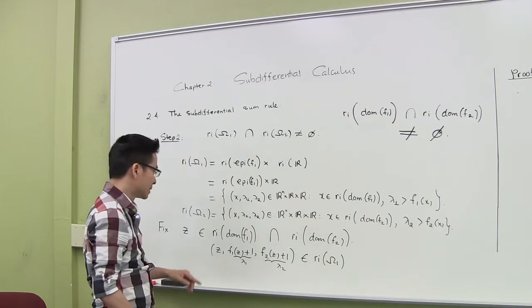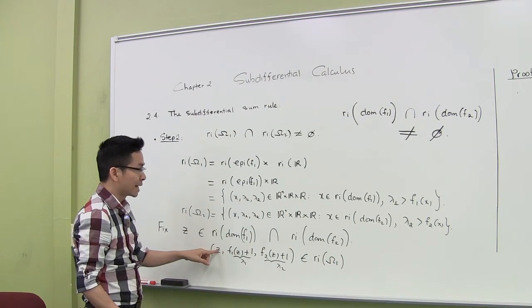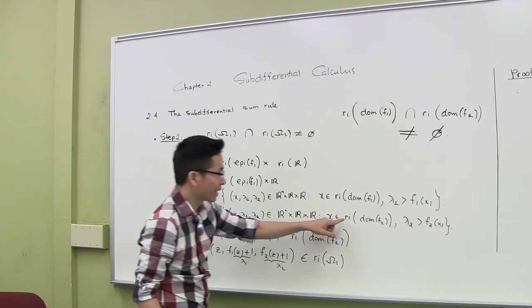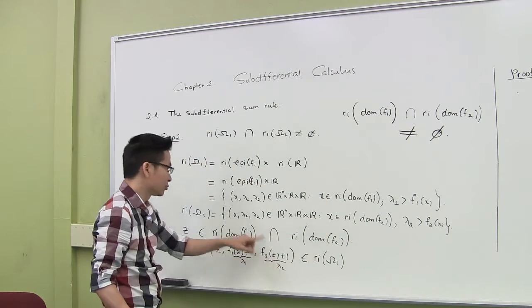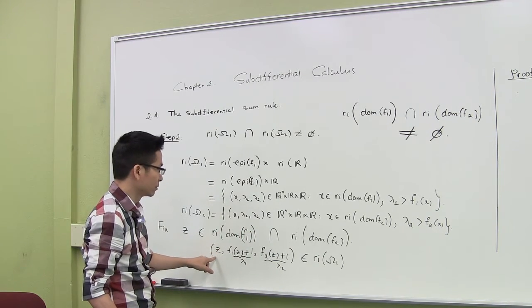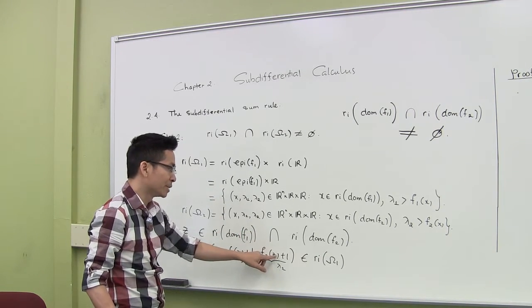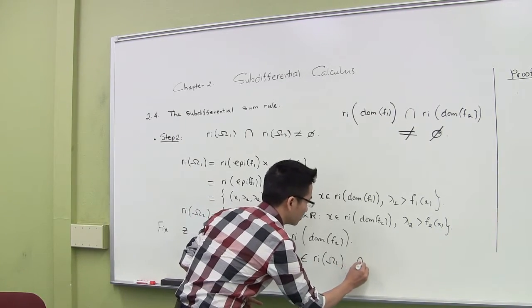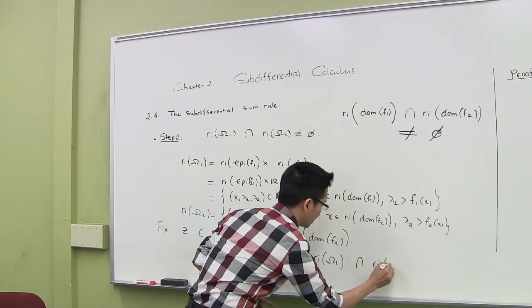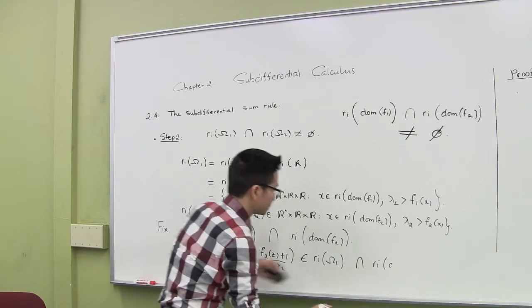Okay, and similarly here, this element z belongs to the relative interior of the domain of f2, and lambda 2 here is strictly greater than f2 of z, because it's f2 of z plus 1. Okay, so this element also belongs to the relative interior of omega 2.